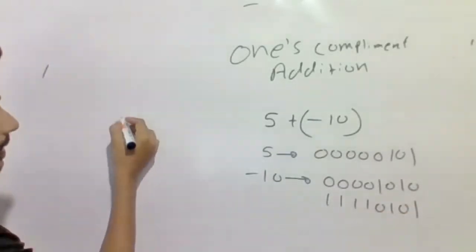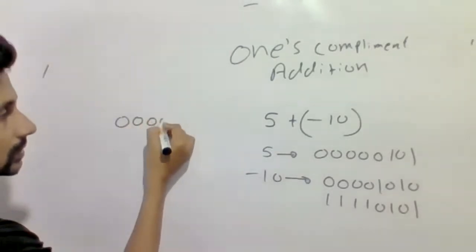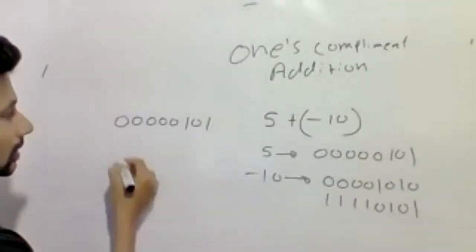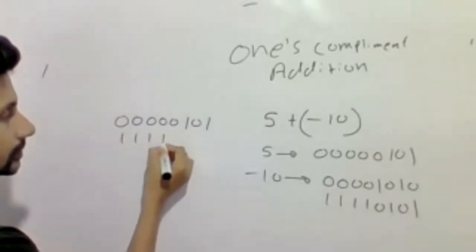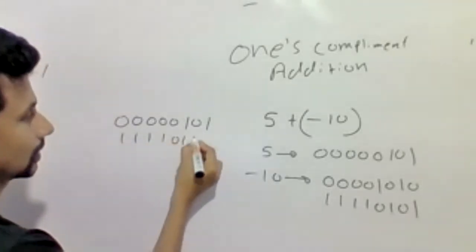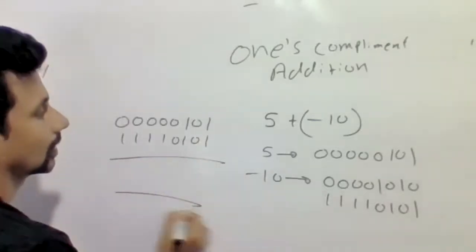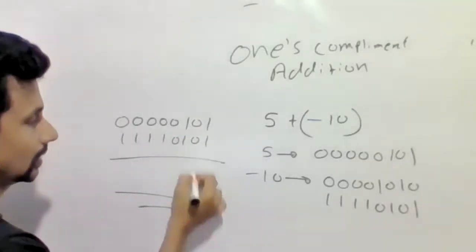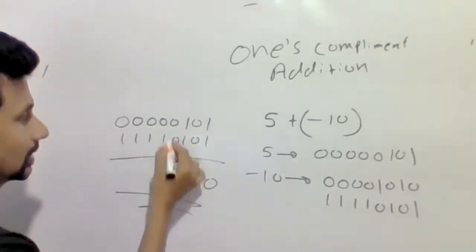Now I'm going to add. Here you get 1 1 1 0 again. Here you get 1.